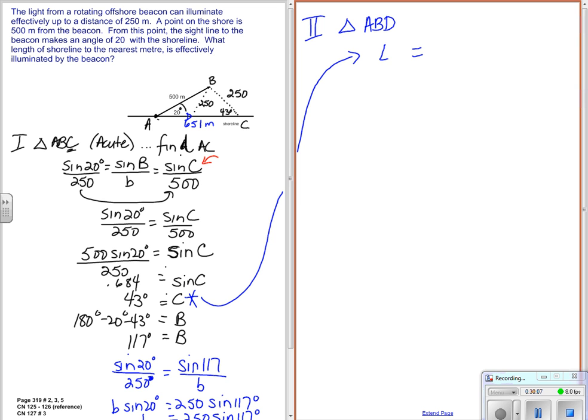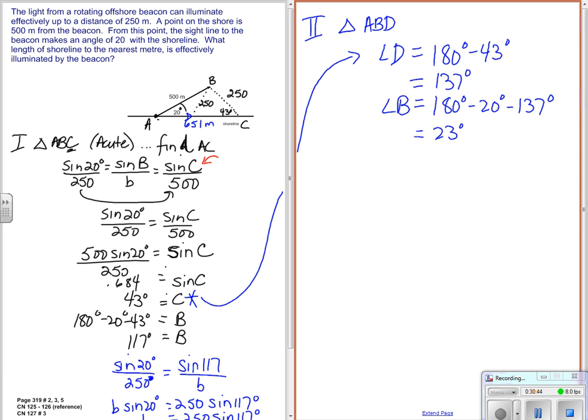It's an obtuse angle, and I can get that merely from 180 minus the 43. 137 degrees. In that particular case, I have an angle at B which is now altered. I am locked with the 20 degrees. My D is 137. The B in that triangle is 180 minus 20 minus 137, 23 degrees left for B. So this changes as well in the second solution. And then we are going to solve for AD.